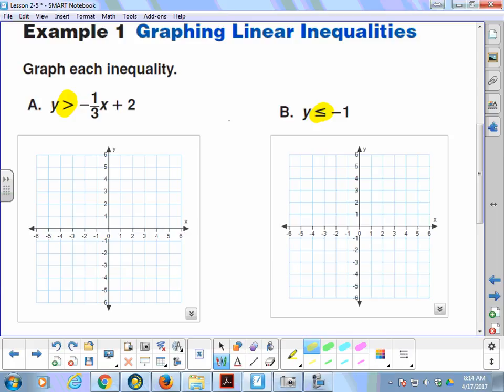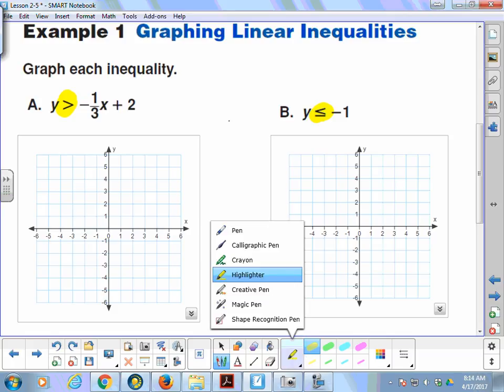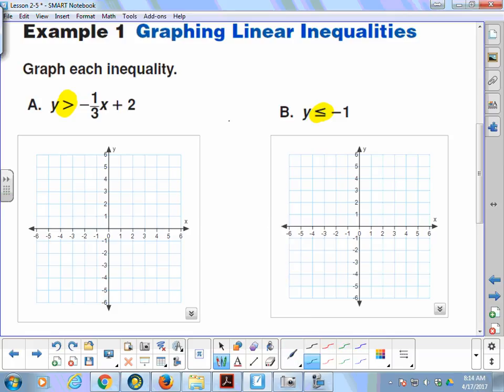If it's not equal to, then we've got greater than or equal to, less than or equal to. Then it depends on whether we're going to have a solid line or a dotted line. So we're going to graph these just like we would any other time we've graphed lines. It's just now it determines whether it's going to be dotted or solid, and then we're going to shade.